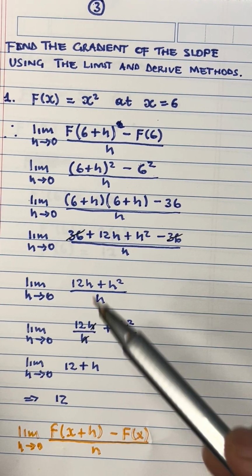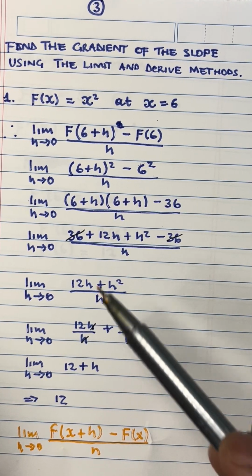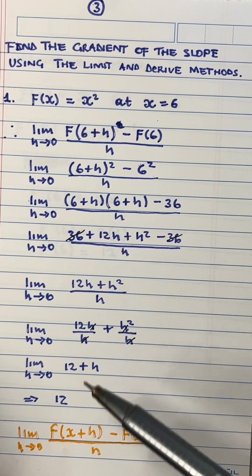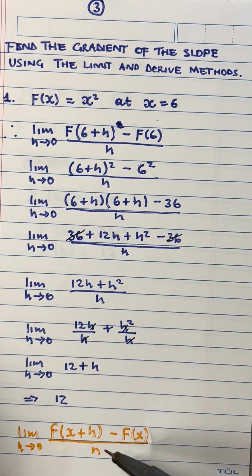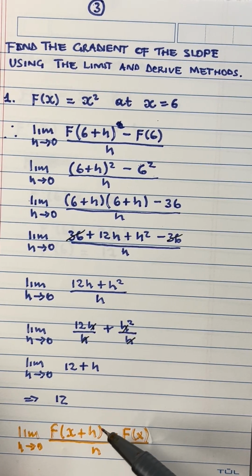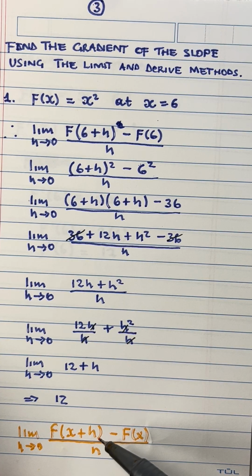So always try to practice as much with this, because they will ask you a question saying use f of x, solve f prime of x using first principles, and they're expecting you to be using this equation. Nothing less than this equation will give you the answer. They don't want you to use the derivative. So that should sink in right now. If you practice this, it's not hard, it's easy. It just needs you to practice it.